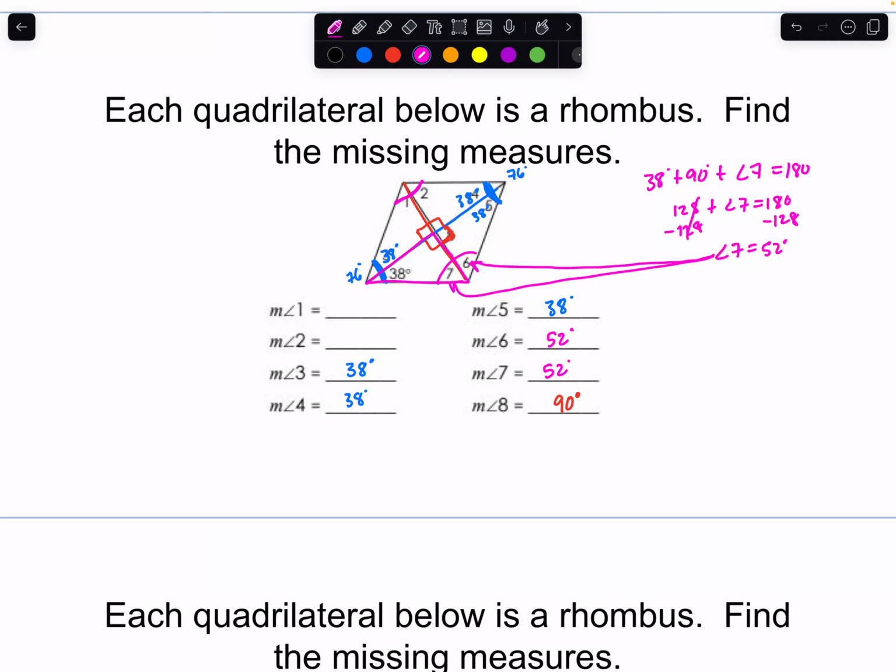So angles 1 and 2 should also be 52 degrees. The key component here is that opposite angles are congruent and the diagonals are cutting those angles in half. That's why they're both 38, they're both 52 on opposite sides. And then on the intersection, it's 90 degrees.